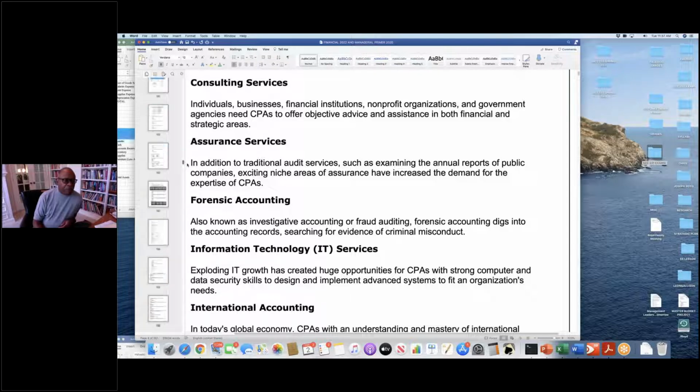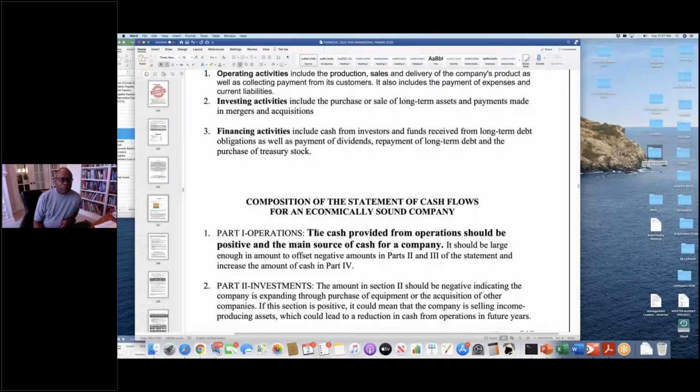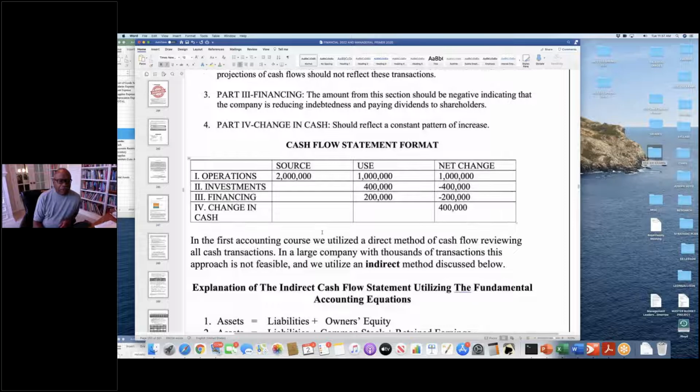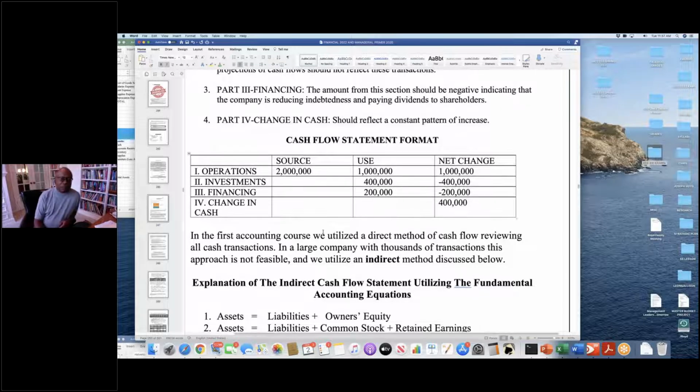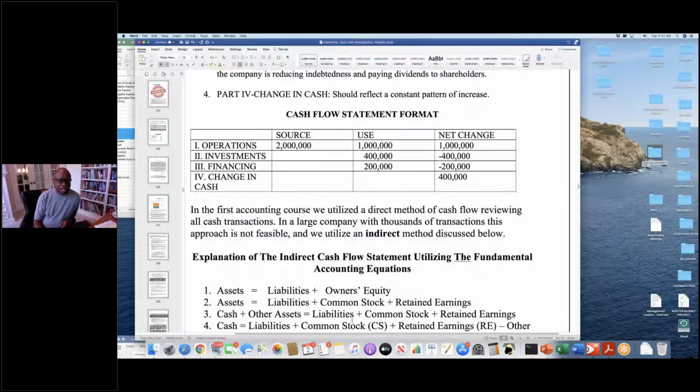If I can get back to where we were. Okay, so here's where we were. So let's get back to what we got for Thursday. So you also know that assets equal liabilities plus common stock plus retained earnings, correct? Now we know that cash plus the other assets equal liabilities plus common stock plus retained earnings.